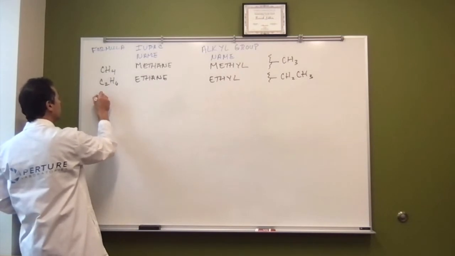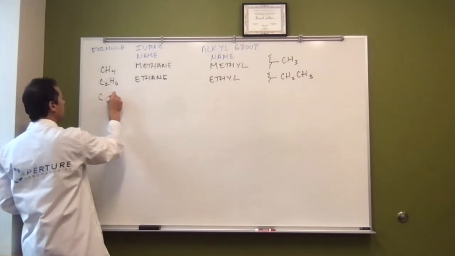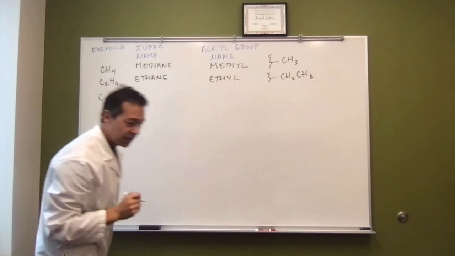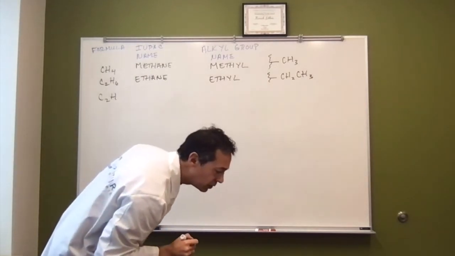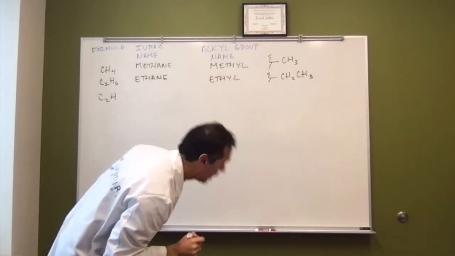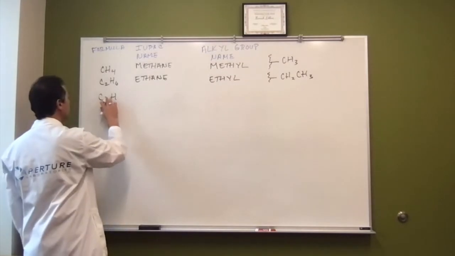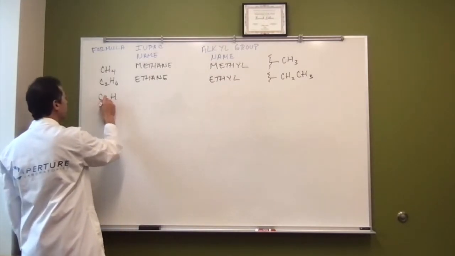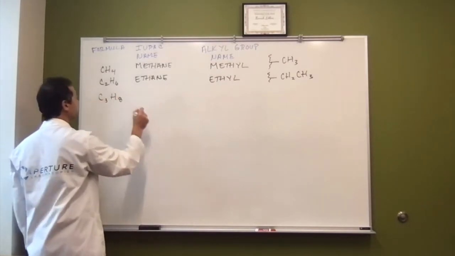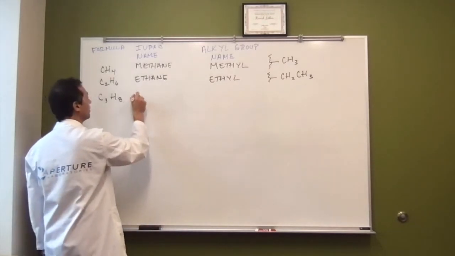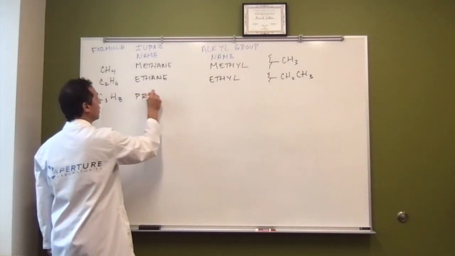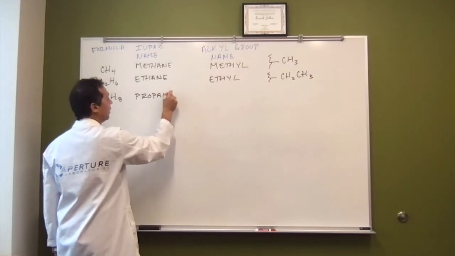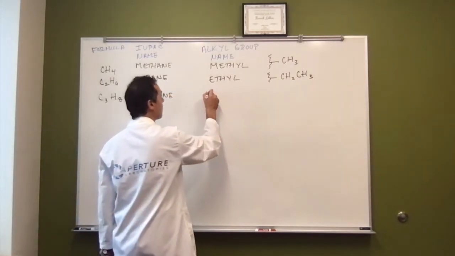And then we can continue right along. Let's see here now, I might have to double check on this. C3H8. This becomes propane, and this becomes propyl.